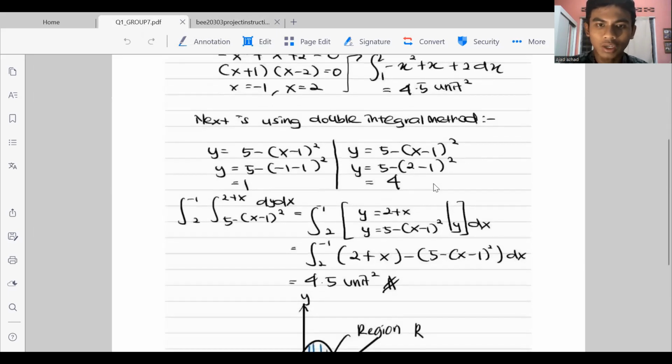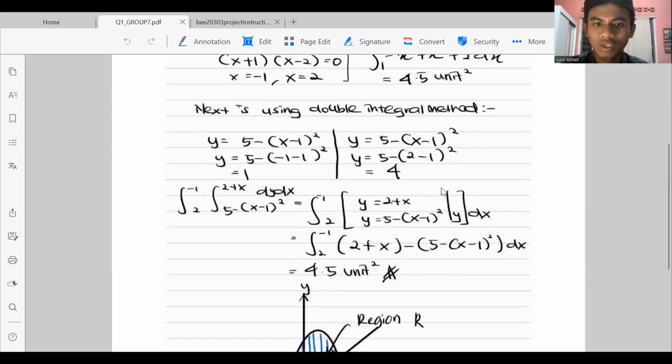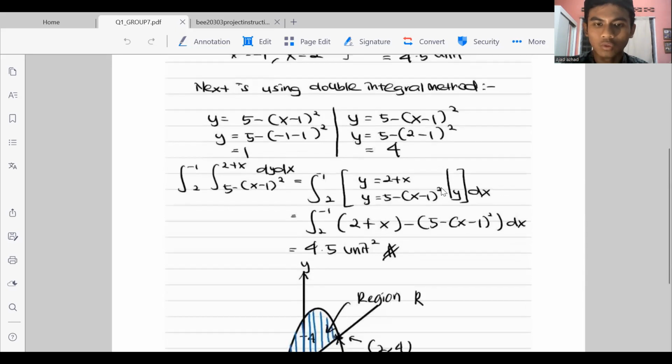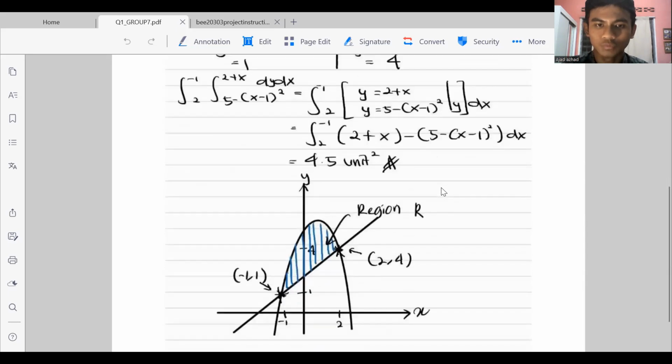After we insert the value and use double integral, which is -1 to 2 and 2 plus x over 2, 2 over -1 and 5 minus times x minus 1 squared to 2 plus x, finally the answer we will get is 4.5 units squared, which is 9 over 2.